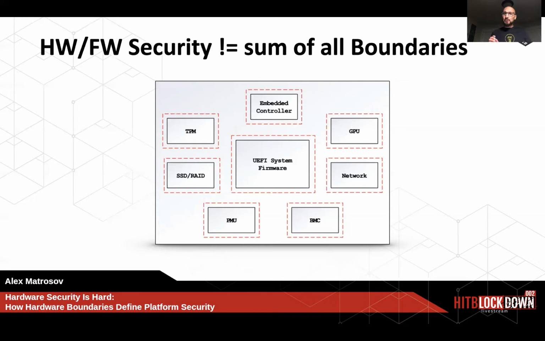But think about it: if one of these devices can be malicious, it is crossing the boundaries, and in many cases it will be equal to the boundaries of other devices, which creates a lot more opportunities for the attacker.